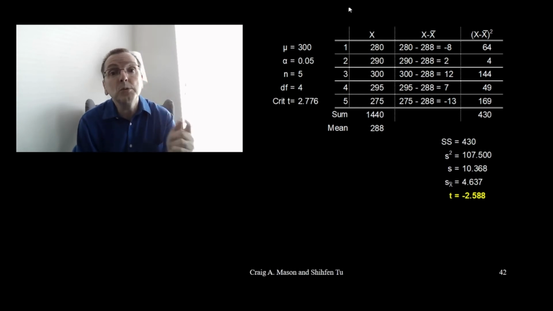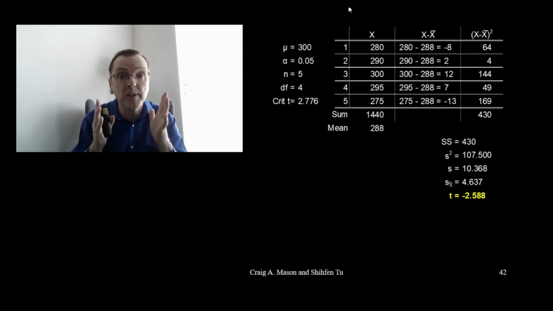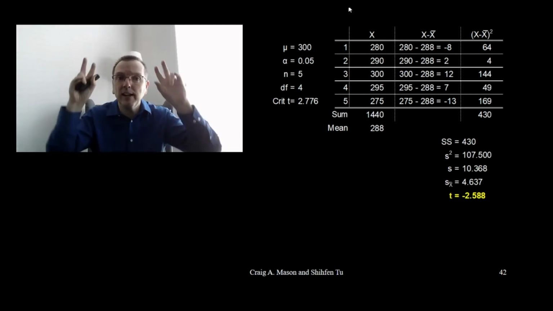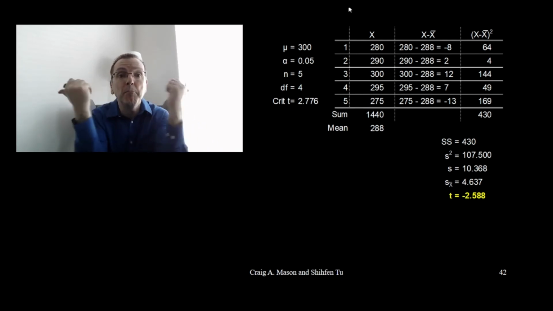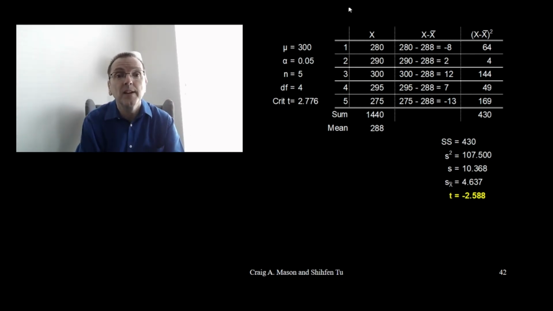We then need to use that t-score to determine our p-value, the probability of obtaining a result as extreme or more extreme than what was observed in the direction of the alternative hypothesis. In this case, in the direction of the alternative hypothesis means that we're looking in both tails because it was a two-tailed test.